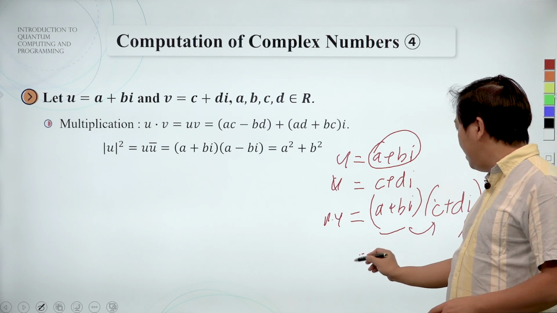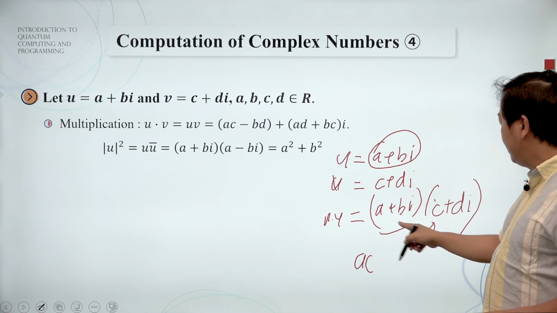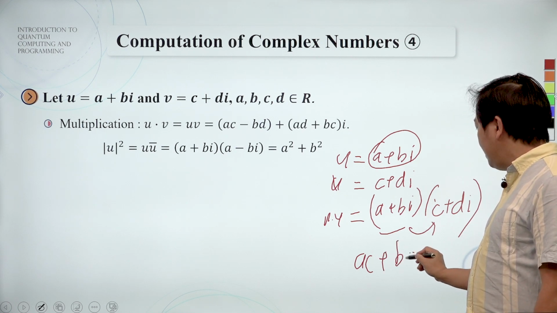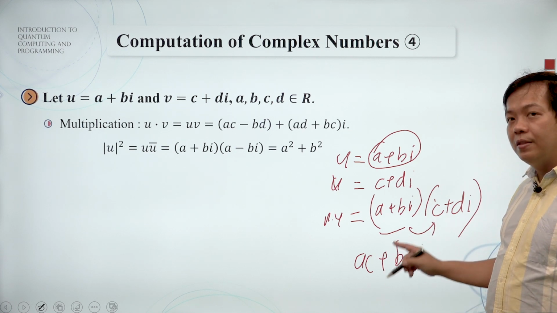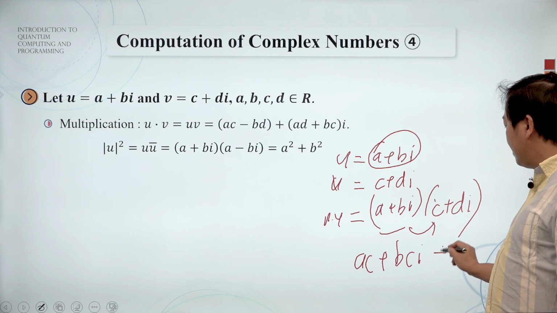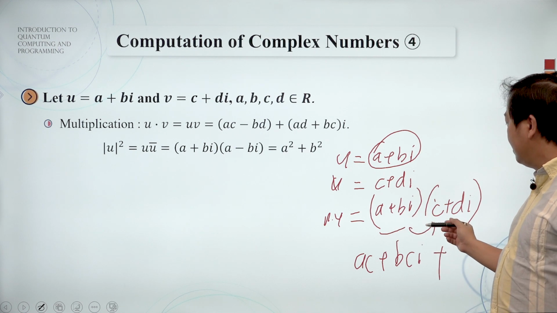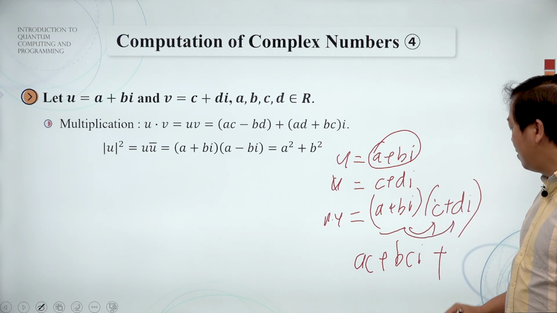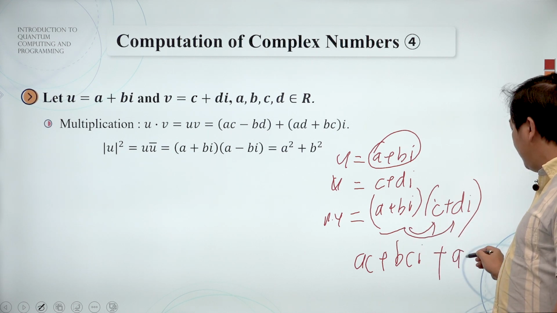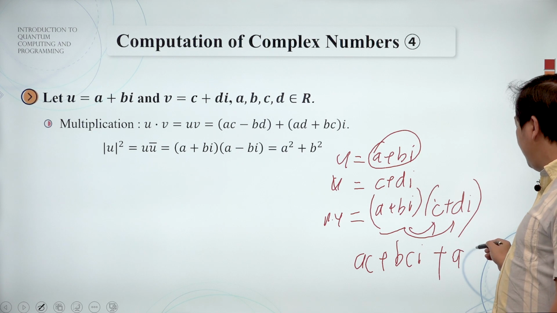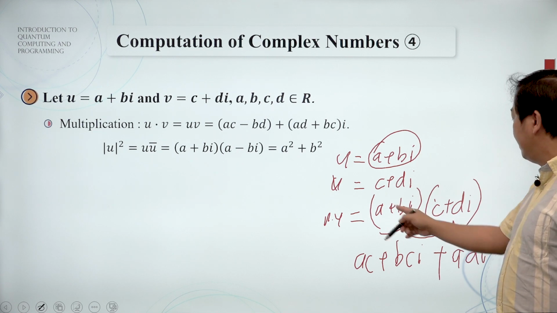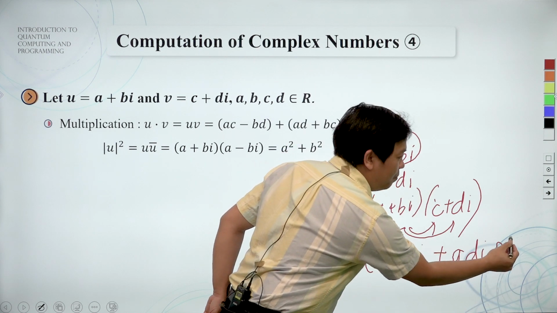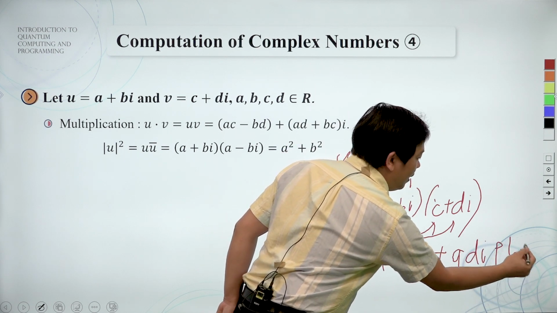So we have a c, and b c i, that's the first half. For the second part, similarly, we multiply this one and this one, so we have a d i, and b i times d i.